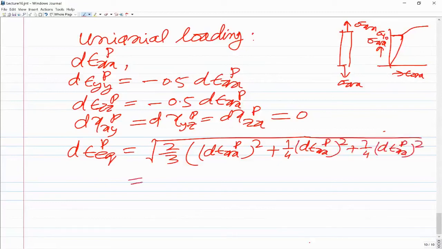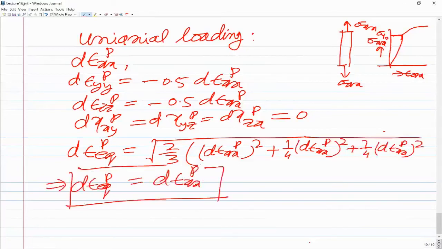When you simplify this, you will get d of epsilon equivalent p equal to d of epsilon xx p. So that's the first condition we said: whatever we define as the equivalent plastic strain should be equal to d of epsilon xx p for the uniaxial loading case.